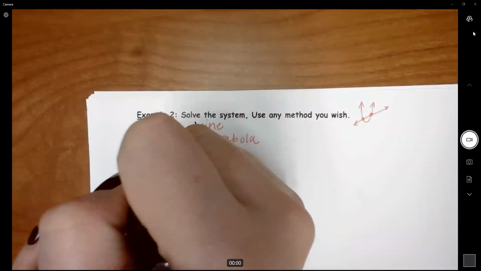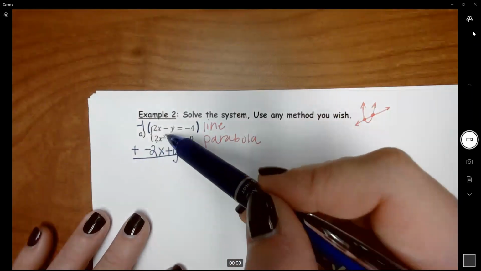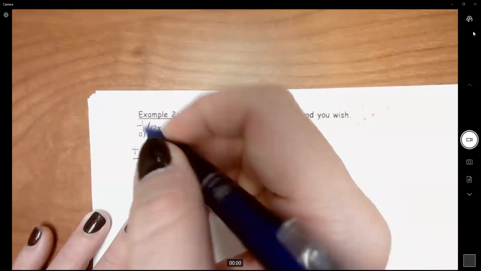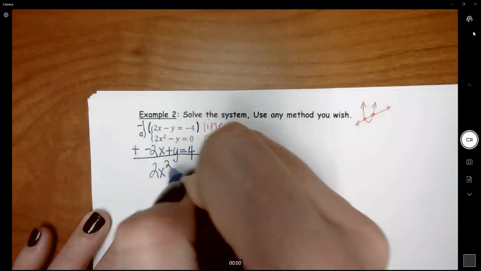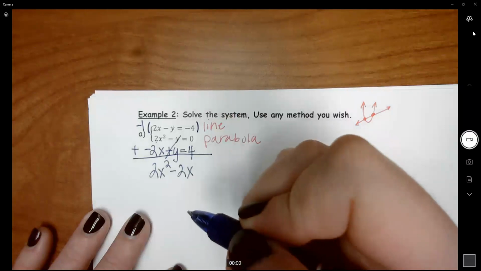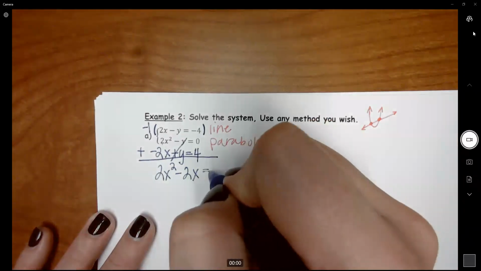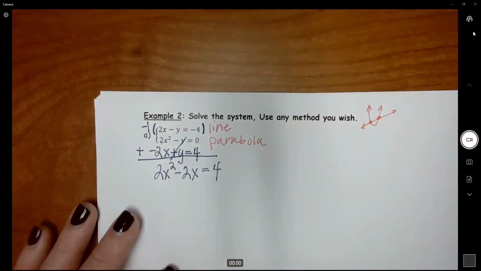So if I add what we have here, 2x squared minus 2x, that is not 0, that is 2x squared minus 2x. These do cancel, -y plus y, and this equals 4.